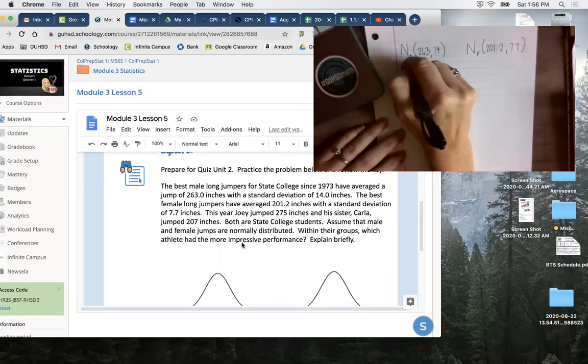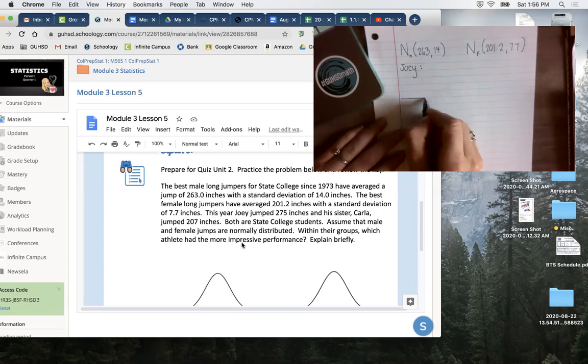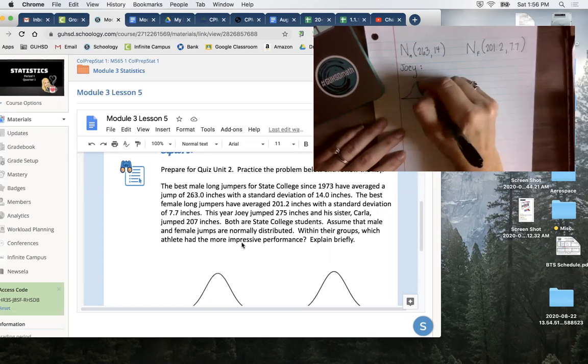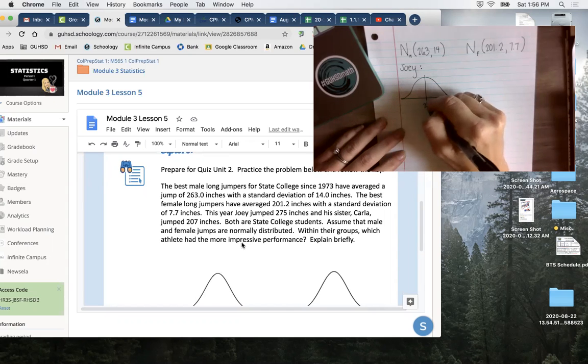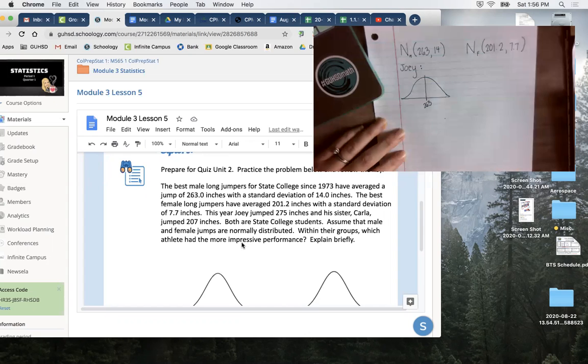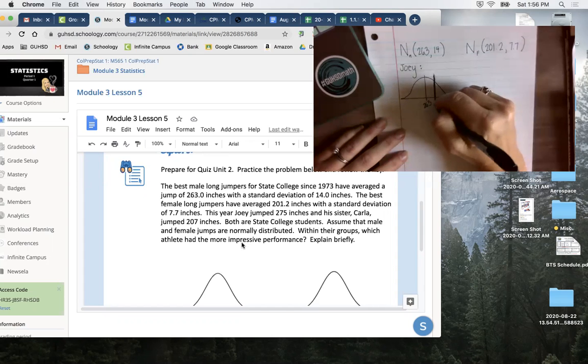So I'm going to start with Joey. I'm going to draw this with the normal distribution, and 263 is my mean. Joey jumped 275 inches, so that is above the average, somewhere up here. 275, okay.